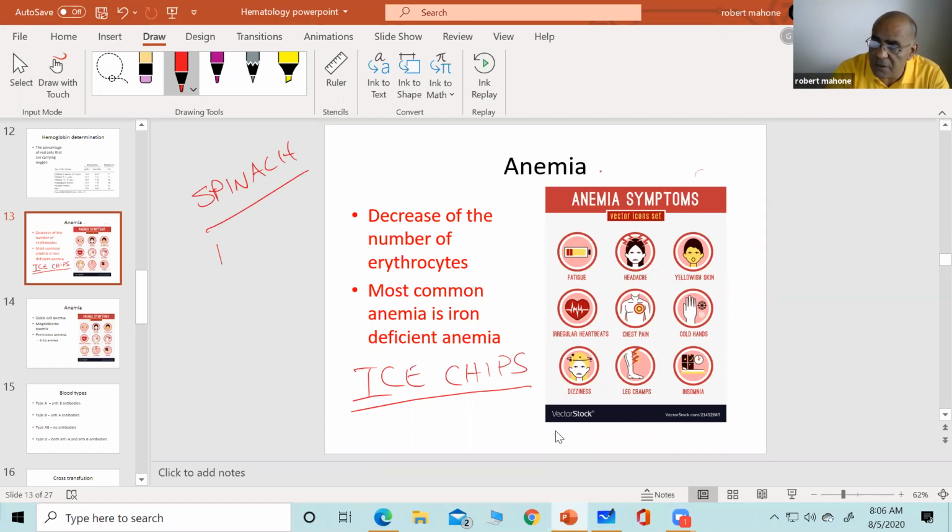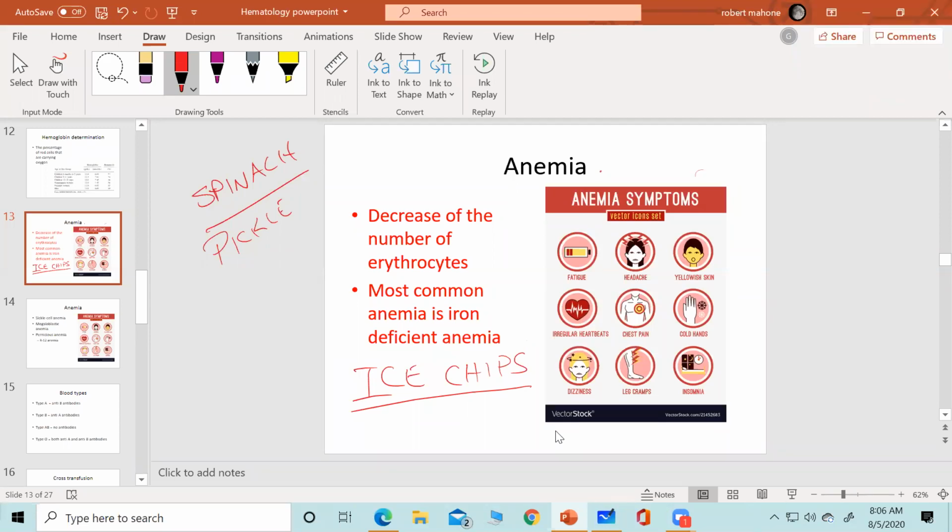What about pickles or pickle juice? Are also high in iron. And I told y'all to remember this. Where do we store iron in our bodies? Anybody? The liver. In our liver. Liver. Yeah. So other animals store iron in their liver as well.